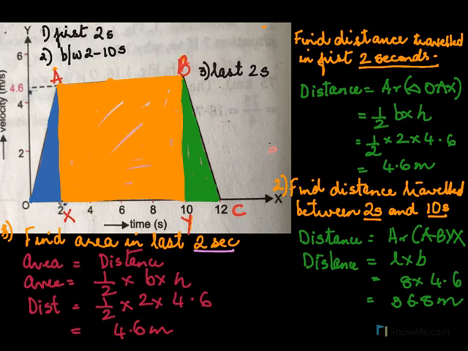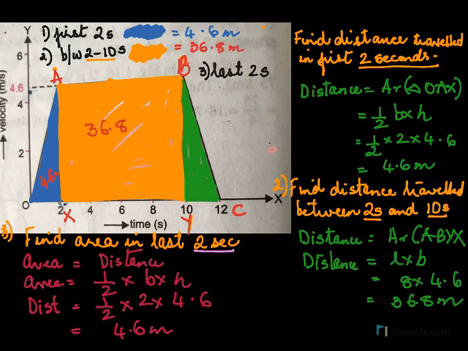So let's summarize. In the first 2 seconds, the area covered was here. It was 4.6 meters. So this blue gave us the area in the first 2 seconds, which we saw equal to 4.6 meters. Now between the 2nd and 10th second, the blue portion gave us a distance, which worked out to be 36.8 meters.